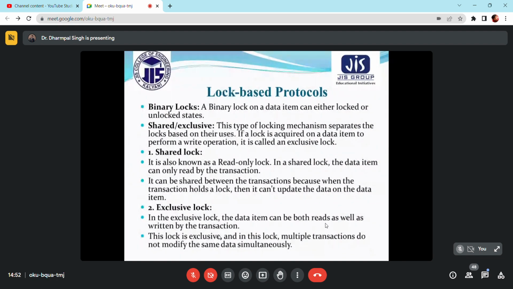In the shared lock, the data item can be read by the transaction, meaning other transactions can also read the value while I hold the shared lock.